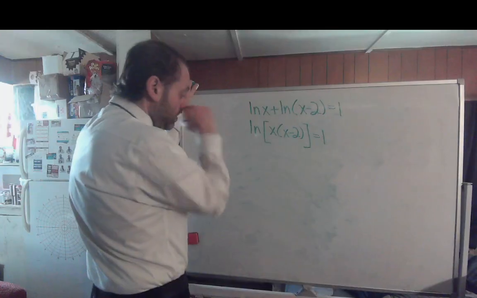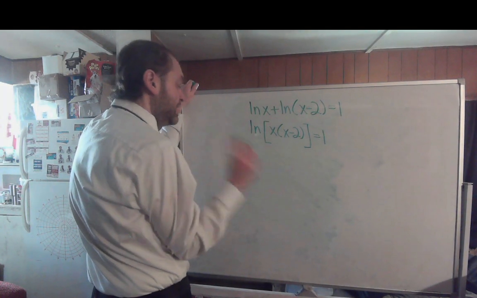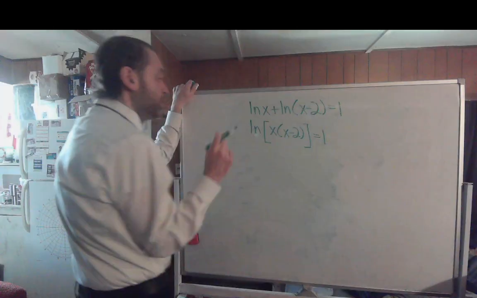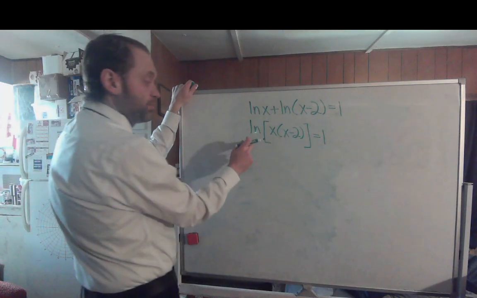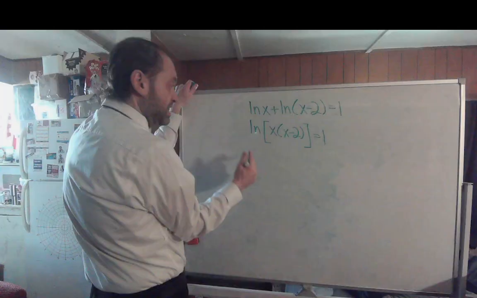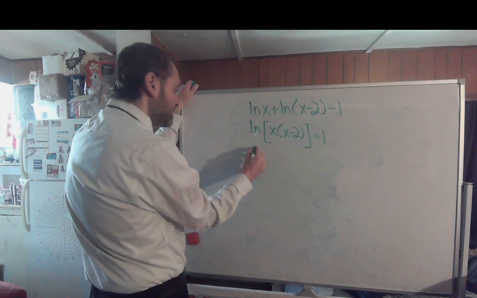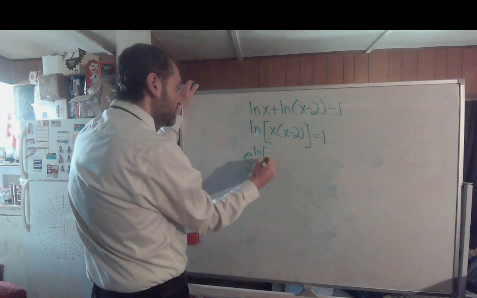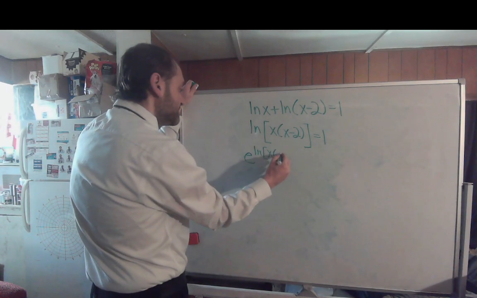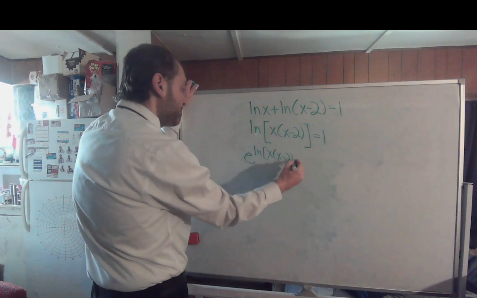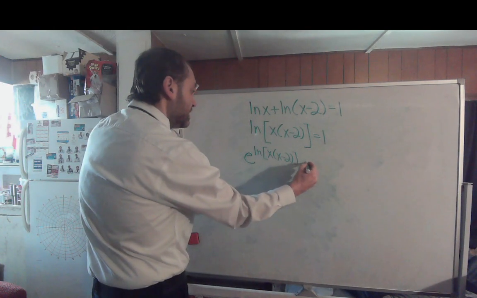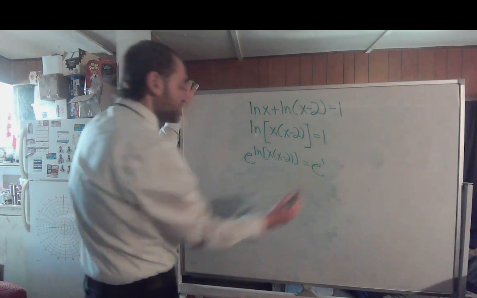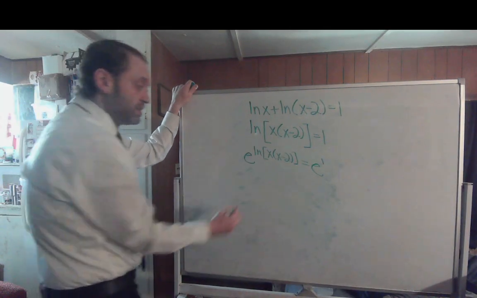Right? So now what we can do is take e to the power of both sides. You'll end up getting e to the natural log of x times x minus 2 equals e to the first, which the left side, the log will cancel out.